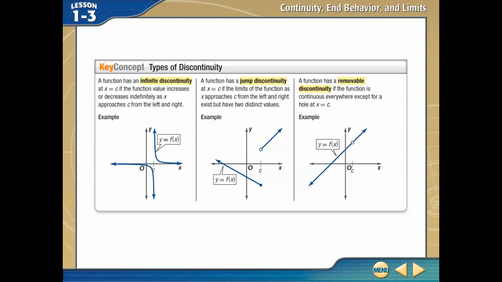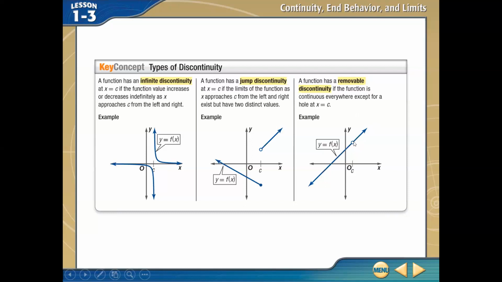And then our last one is a removable discontinuity. A function has a removable discontinuity if the function is continuous everywhere except for a hole at x equals C. So this would be like a function where it's only undefined at a given point. Okay, but we're still approaching the same value as we move closer from the left and closer from the right.